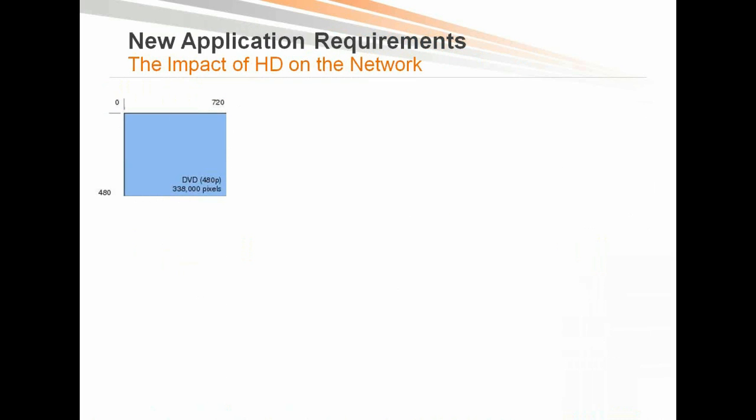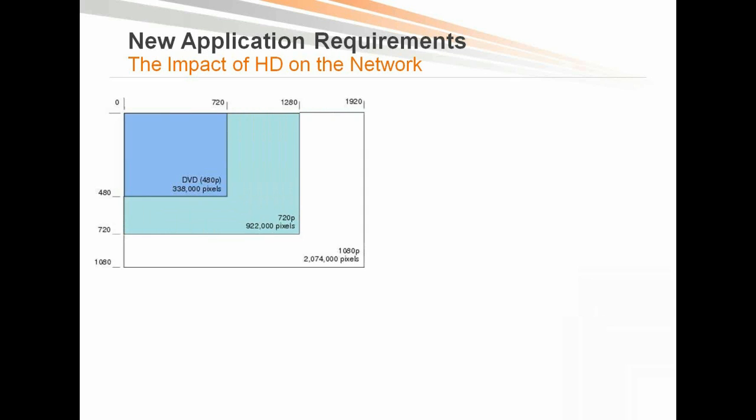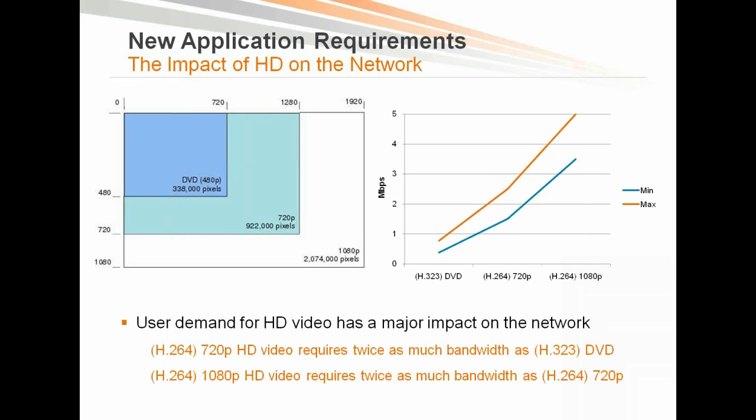So when I talked about video, we were also talking about the impact from the bandwidth perspective. If you look at different calls, a 480p codec versus 720p versus 1080p, you're really doubling the bandwidth requirements for these applications with each of those iterations.